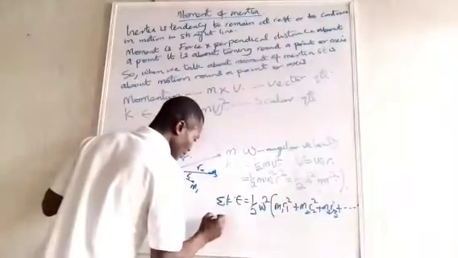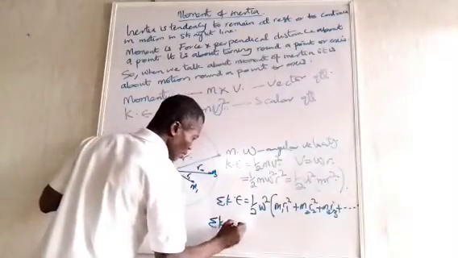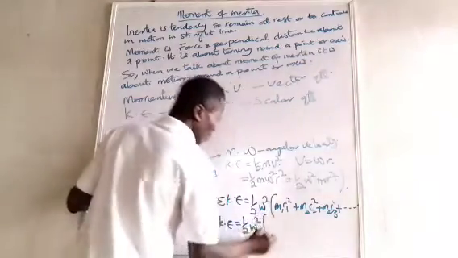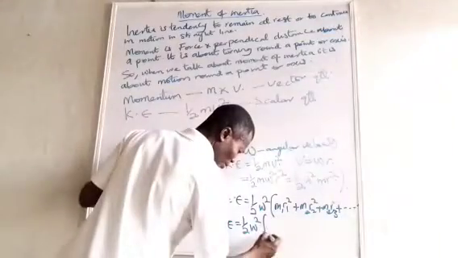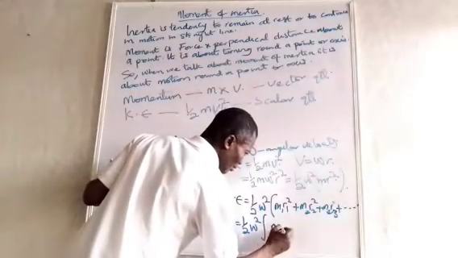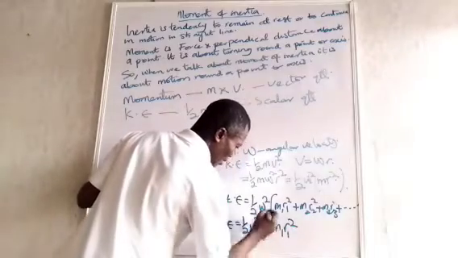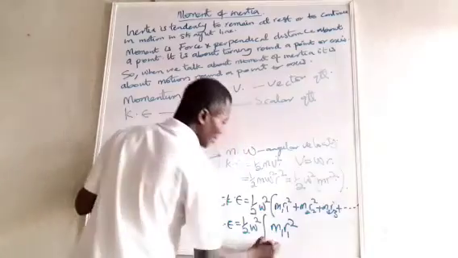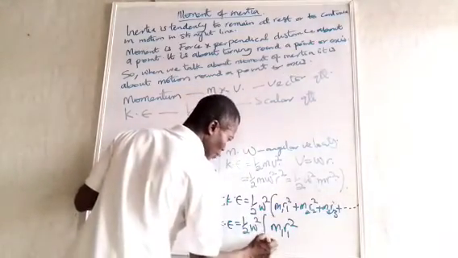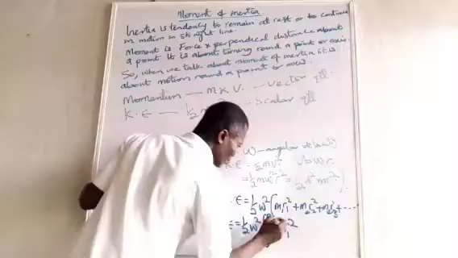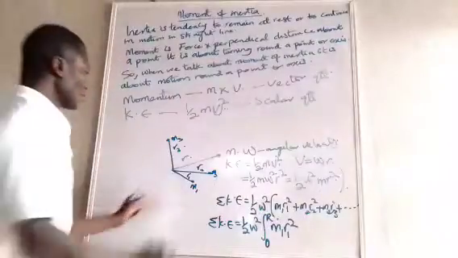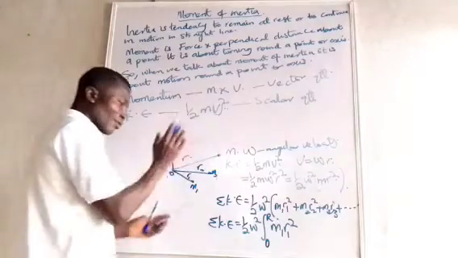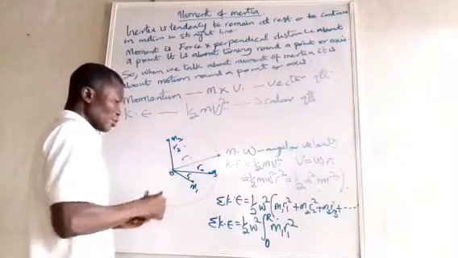Therefore, for this KE, we are going to have half omega squared times the summation of m r squared, from 0 to the overall r. So all the particles are put into consideration.